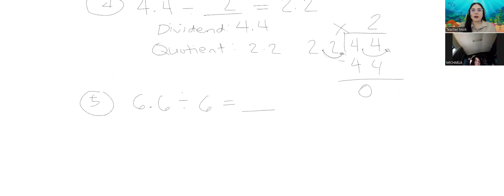Now, Micaela, what is the missing term? Is it the dividend? Quotient. Okay, the quotient. And if the quotient is missing, we just need to divide them. That is also the process when the divisor is missing. So can you please divide them?